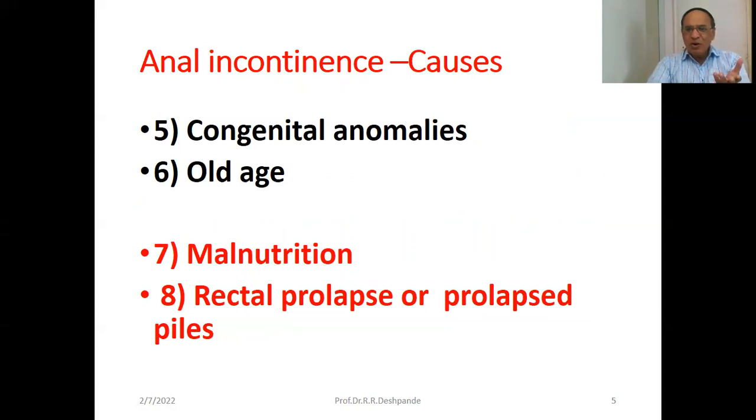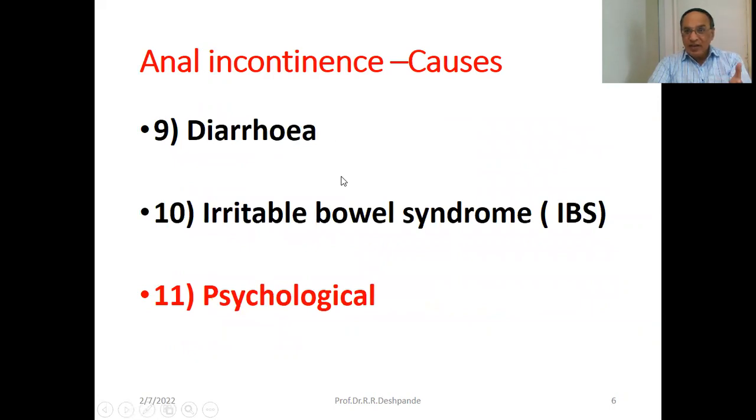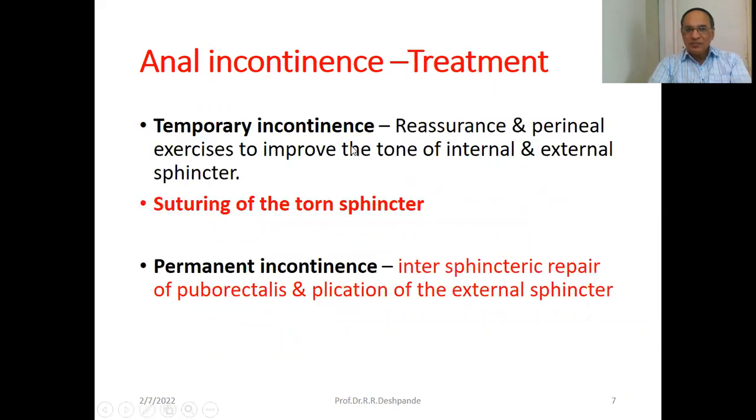This is a very important cause for anal incontinence. Prolapse of the rectum, malnutrition, rectal prolapse or prolonged prolapse piles is also a cause of anal incontinence. Diarrhea is also a cause, irritable bowel syndrome, IBS, and psychological, manasik problems, stress, depression are also causes of anal incontinence.